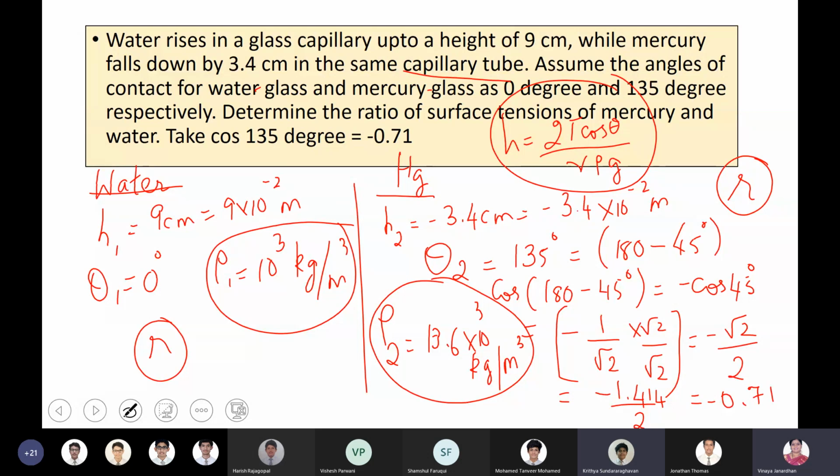Let's just calculate, boys. T1 is to T2. What's the answer? Did anyone get the answer? Should I do it, or will you be able to do it?